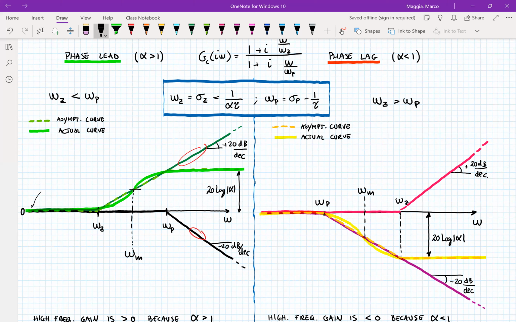So omega m is actually the geometric mean between omega z and omega p. Or in other words, that is square root of omega z times omega p. And if we want to use alpha and tau, that is also equal to square root of 1 over alpha tau times 1 over tau. And so that is 1 over square root of alpha times tau.